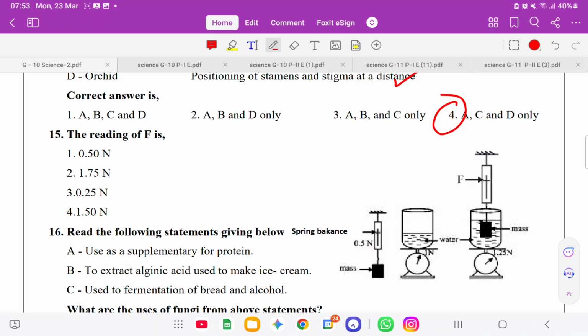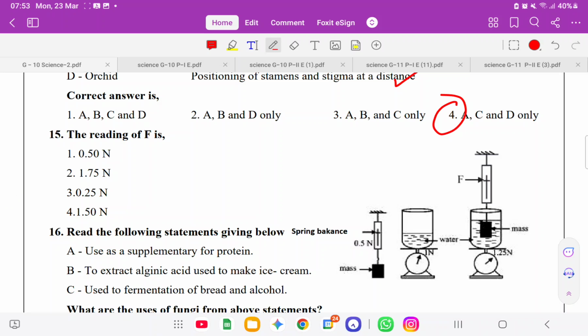The reading of F is in this image, right? First the mass value is 0.5 Newton, then put in water. So with water the value is 1 Newton. When you put this mass into the beaker, what will happen?